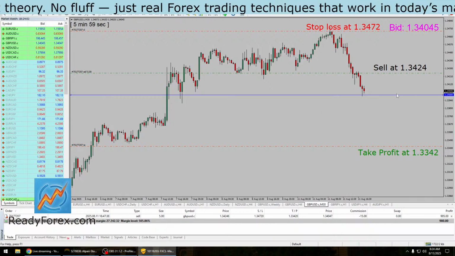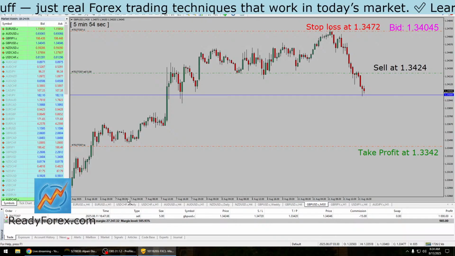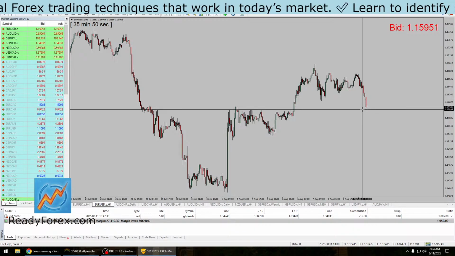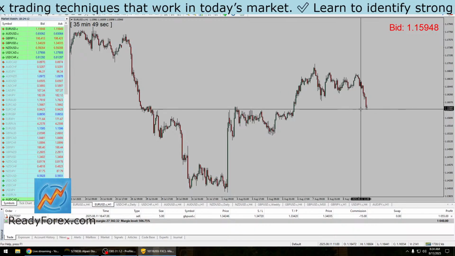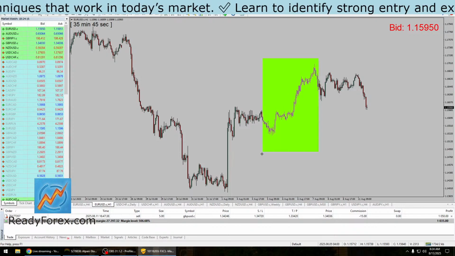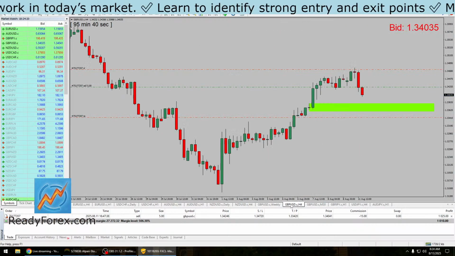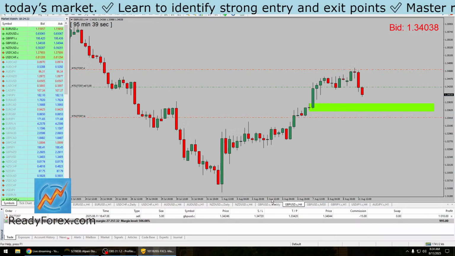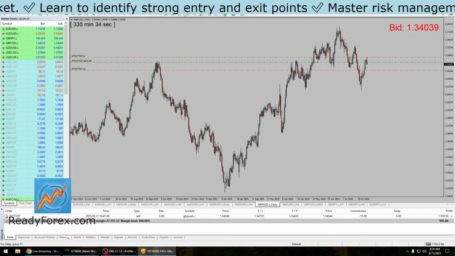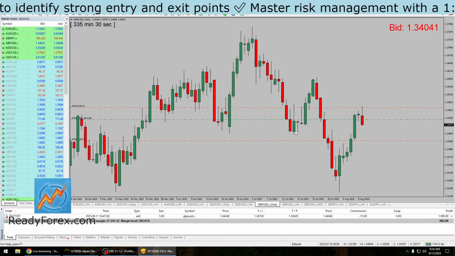So here we have the GBPUSD. If you go over to the euro dollar currency pair, you see the euro dollar is also going down. Okay, so this looks like to me we got a corrective wave pattern in euro dollar, and it seems to me we got the same pattern over here. Okay, in GBPUSD, same story.